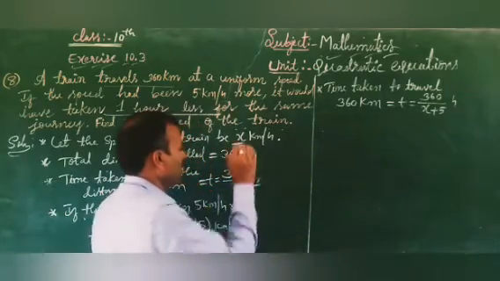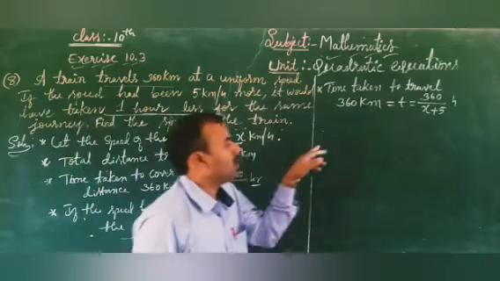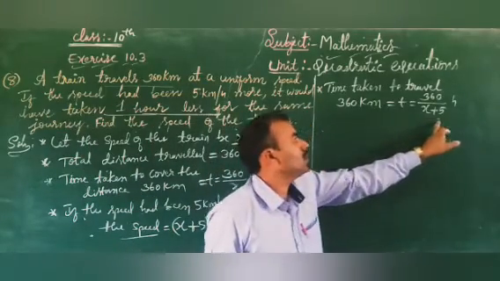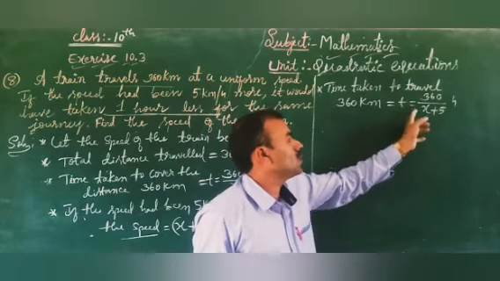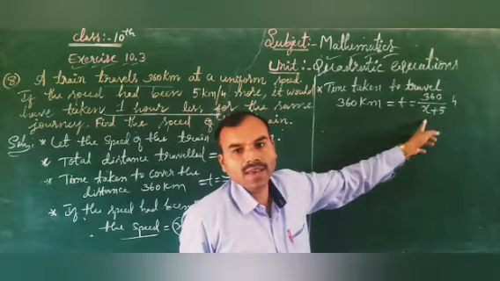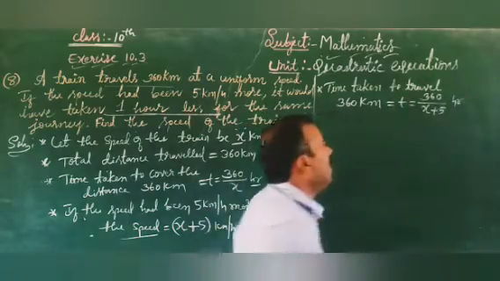Here 360 by x is the initial time, and after the speed is increased by 5 km, the time taken to travel 360 km is t equals 360 by x plus 5 hour.